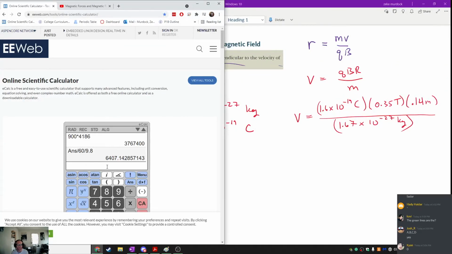So we have, it looks like about 4.7 million. 4.7 million meters per second.